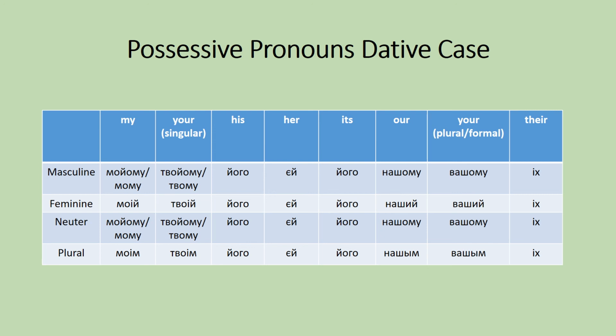It is yoho. Our is nasham. Your plural or your formal is vasham. Their is ich.